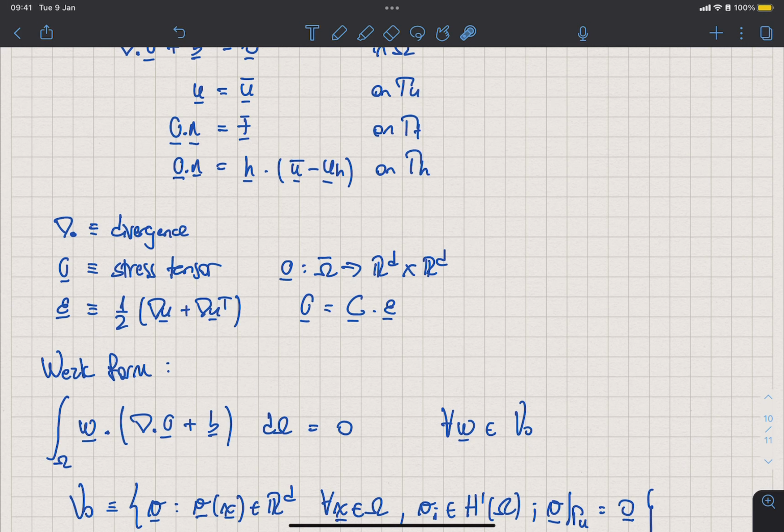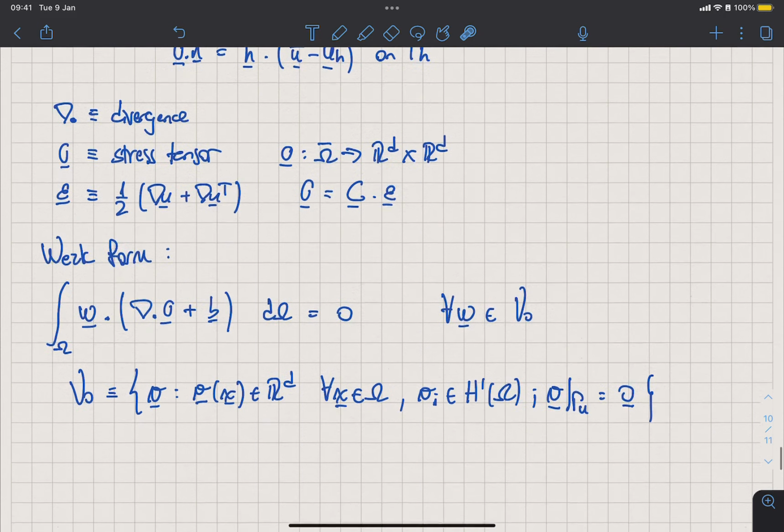And then when I take the divergence of that tensor, I get a vector. Okay? So you can see that there is a second order derivative there, and therefore we want to balance the derivatives, right? We want to have a first derivative on the displacement and a first derivative on the weight function, okay?